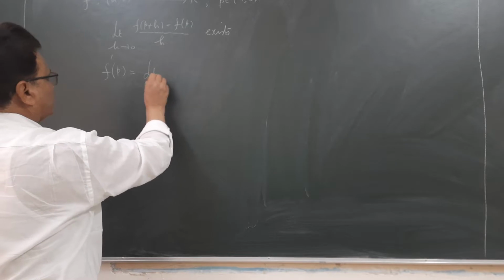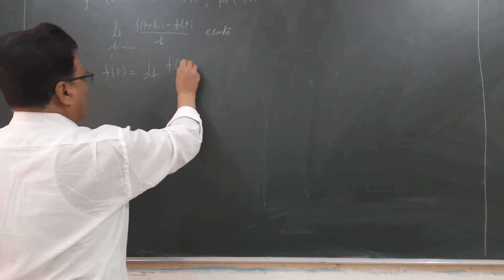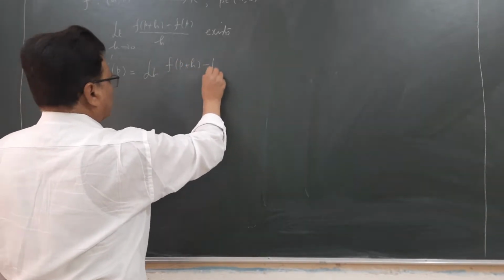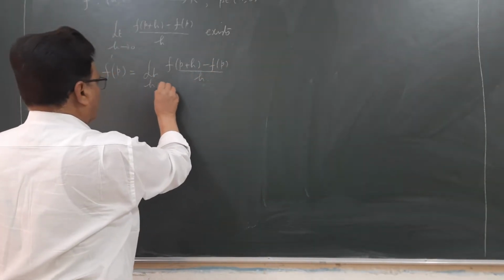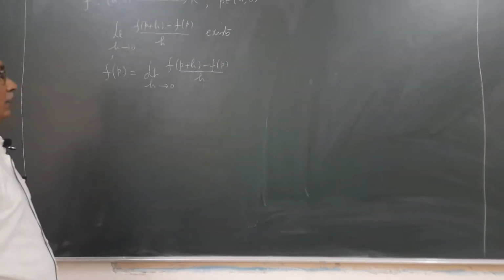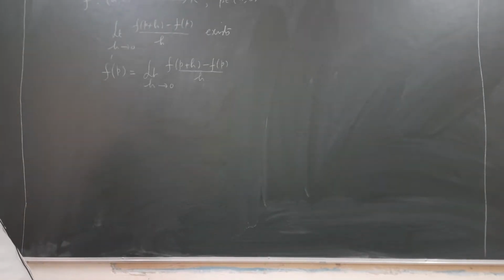So f dash P is this limit, f(P plus h) minus f(P) upon h. So we know that this is the definition of the derivative.